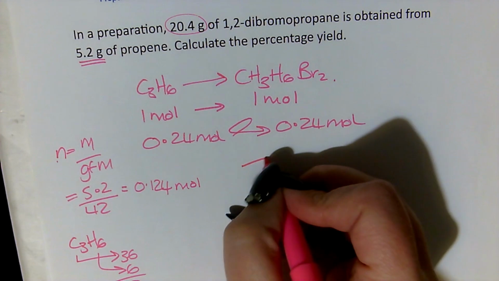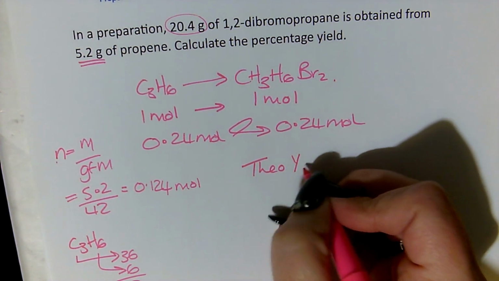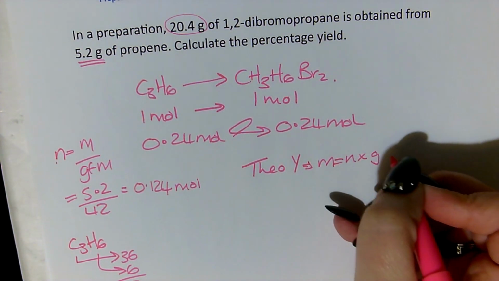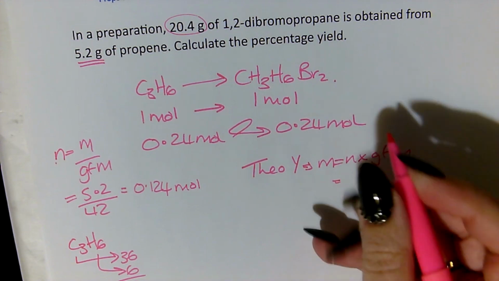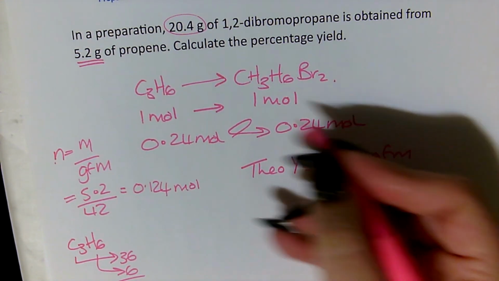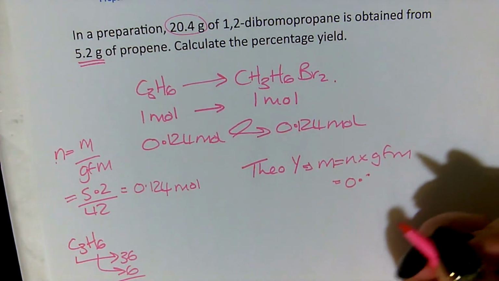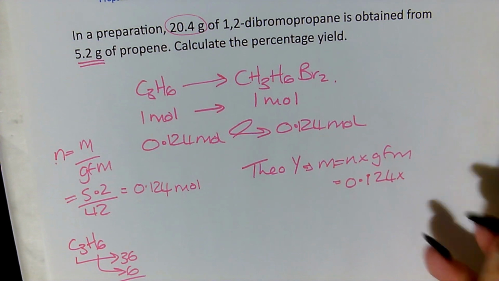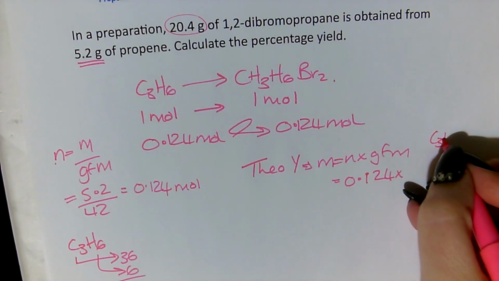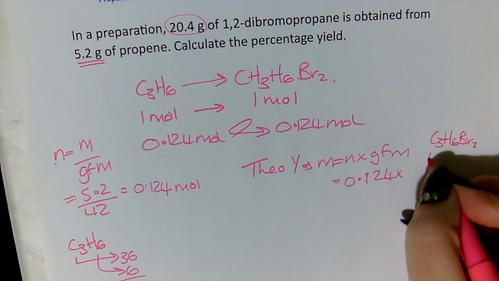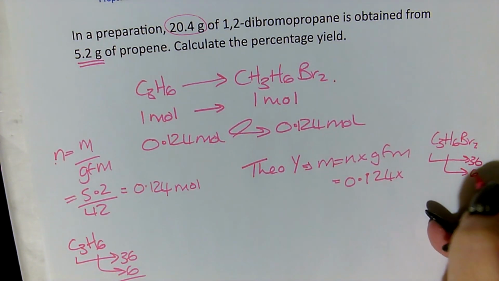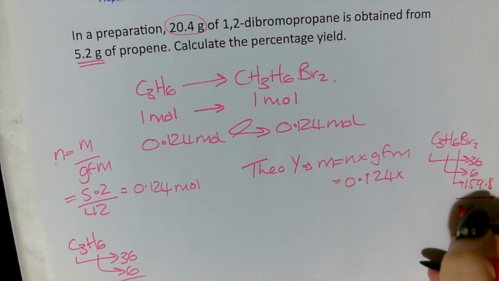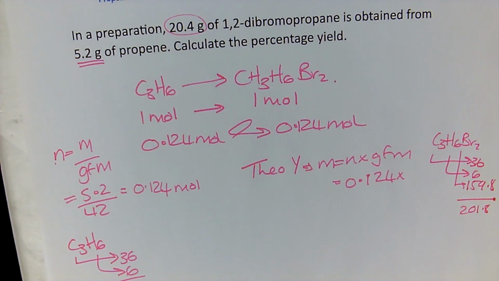Okay, to work out our theoretical yield, we are going to do mass equals number of moles that we worked out there times our GFM. Our number of moles is 0.124, my apologies guys, 0.124, times our GFM, which is C3H6Br2, 201.8.